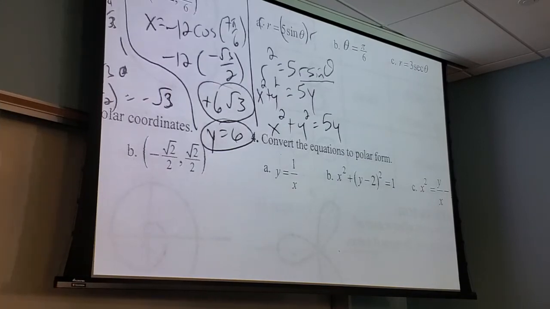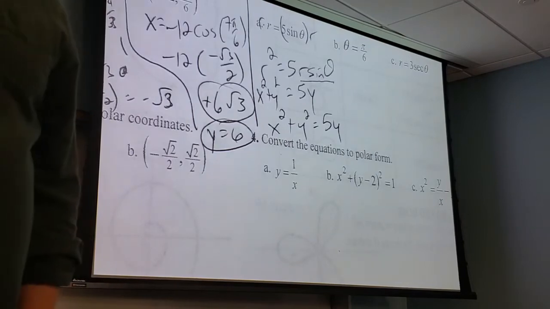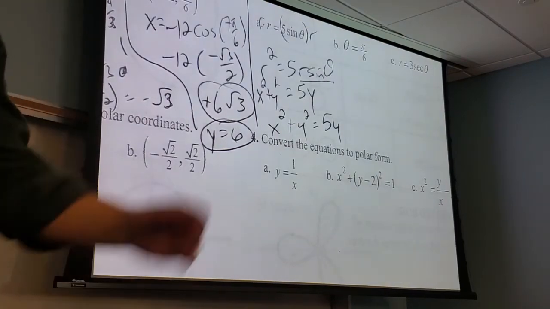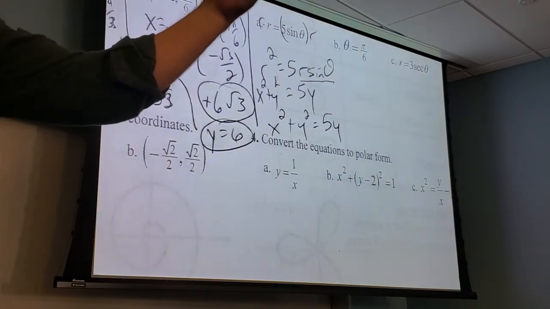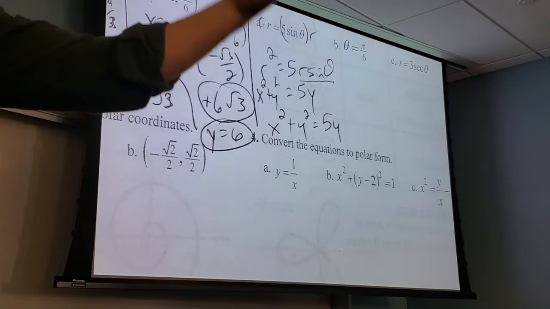Unit circle. What if it was x squared plus y squared equals 4? Now it's not a circle of radius 1, it's a circle of radius 2. X squared plus y squared equals r squared is an equation of a circle.